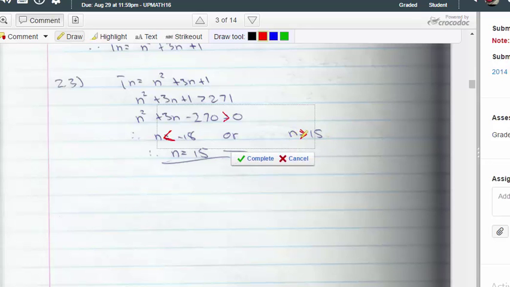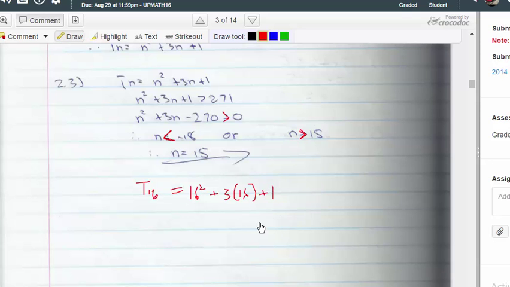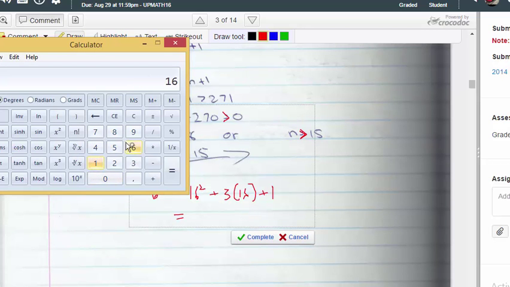The first term greater than 15 is therefore term 16, and you then had to substitute 16 in here to calculate the term. That would be 16 squared plus 3 times 16 plus 1, which is 16 squared plus 48 plus 1.